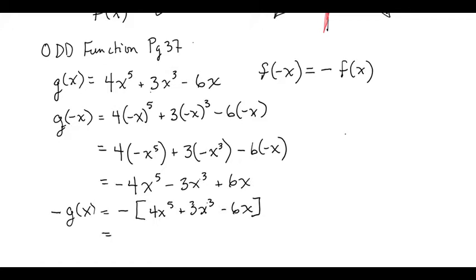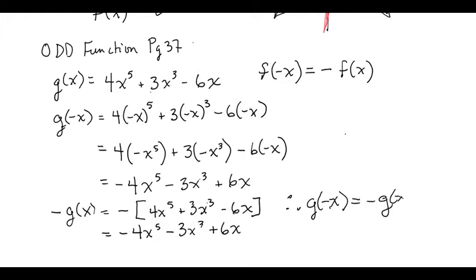And we simplify it, so we distribute the negative sign through each term. Inside the bracket, we should have exactly what we said we would have, the negative of that answer. Therefore, since g of negative x results in the negative of the original g of x, this function must be odd.